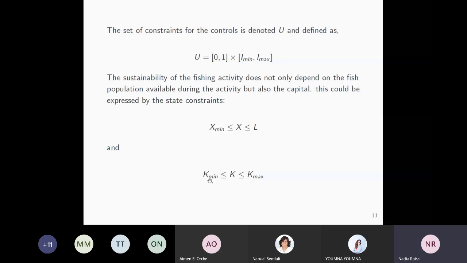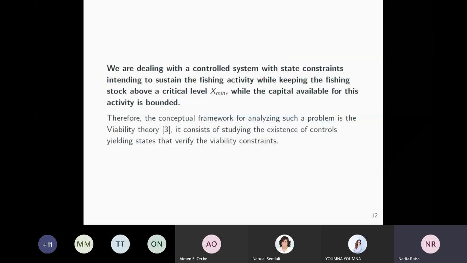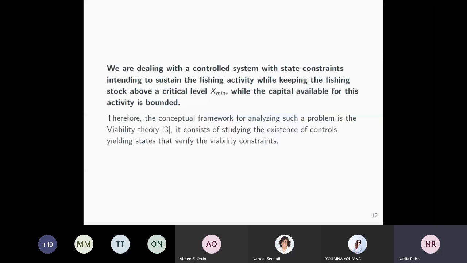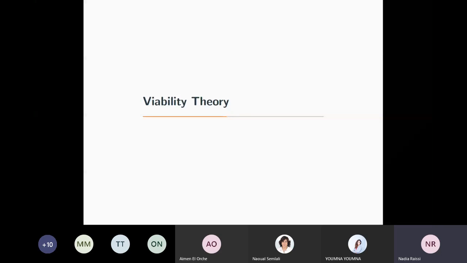So, dealing with a system where we do not have to maximize a function, but always to sustain a control system in a state of constraints, we found that there is a conceptual framework, which is viability theory. It consists of studying the existence of controls that make the state stay in a domain named the viability constraints. I will explain viability theory with this simple figure, knowing that we have two states, X1 and X2, which form a dynamical system.